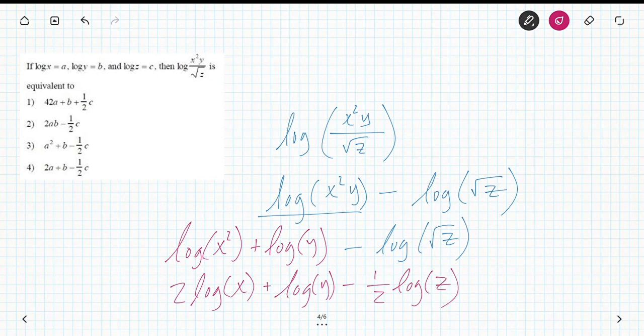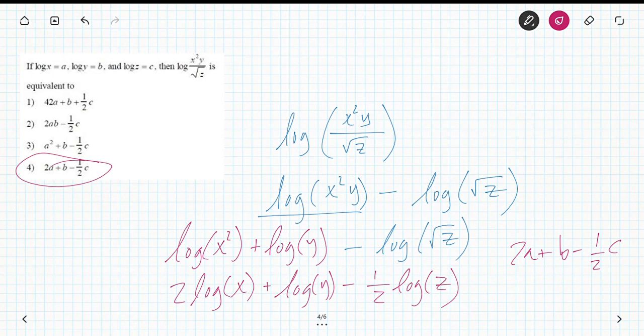Since I know that the log of x is a, I can rewrite this as 2a, plus the log of y, which is b, so I'm going to write b, minus, oops, this is going to be a minus, since the log of z is equal to c, so that will be minus 1/2 c. Okay, and my answer again is 4.